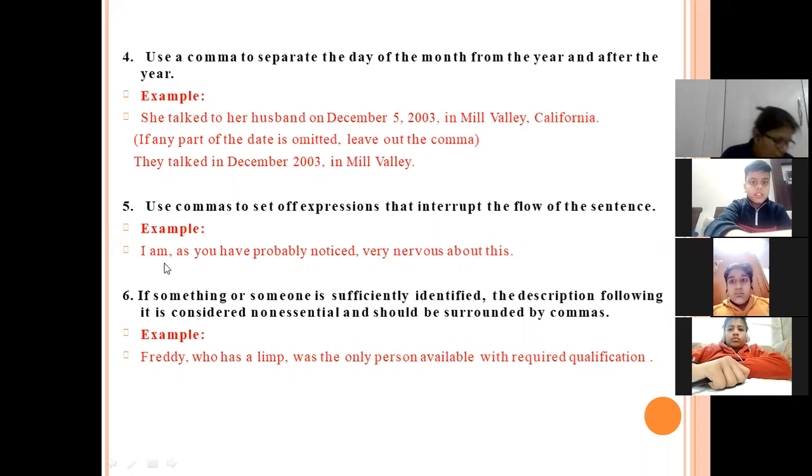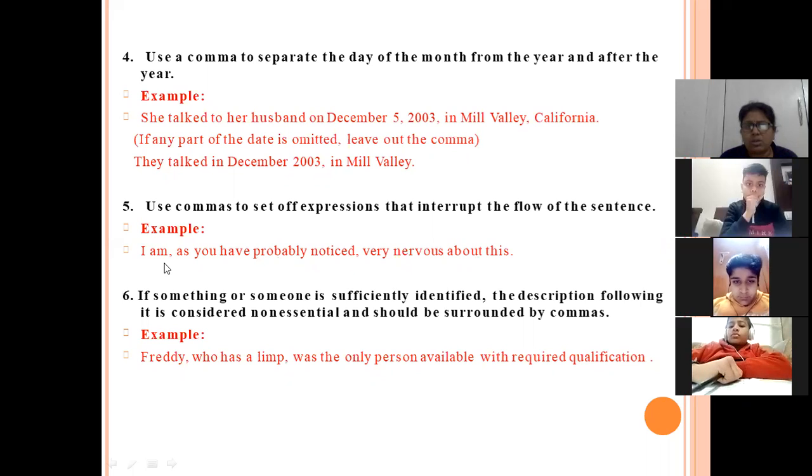Now the sixth rule is saying if something or someone is sufficiently identified, the description following it is considered non-essential and should be surrounded by commas. How? I'll tell you. Like I am talking about Freddy, or I am giving some identification, or I just want to give some information about this person.